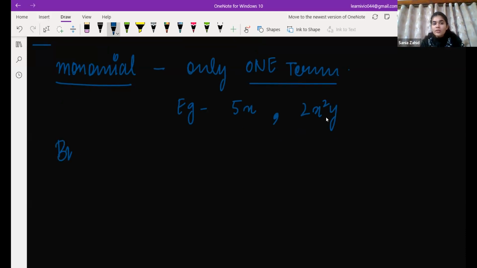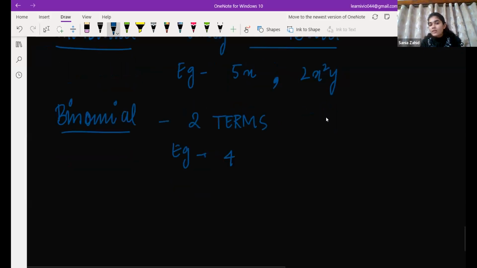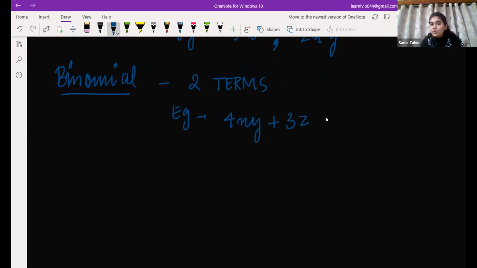If I talk about binomial expressions, they are going to have two terms. For example, I say 4xy plus 3z. How many terms are there over here? Two terms. So that is why it is a binomial. All the expressions that have two terms are referred to as binomials.